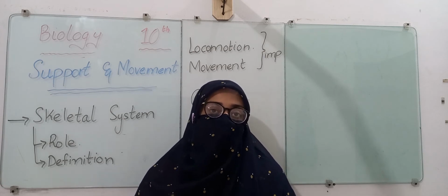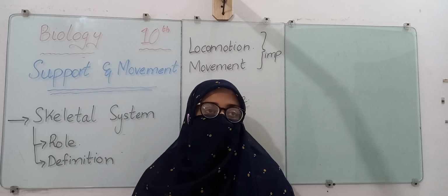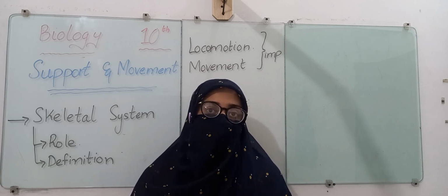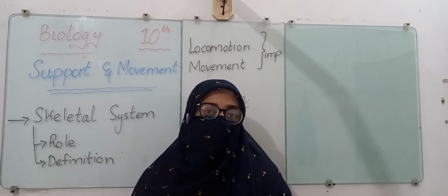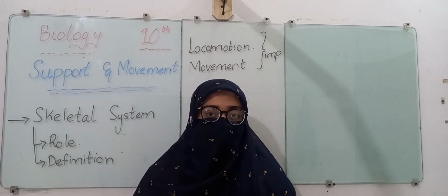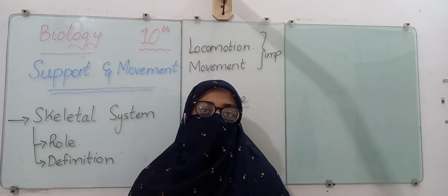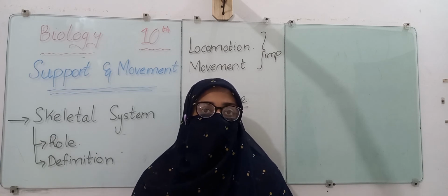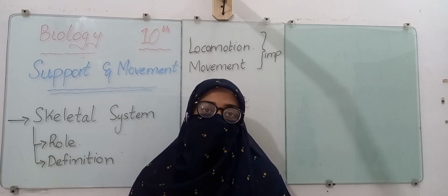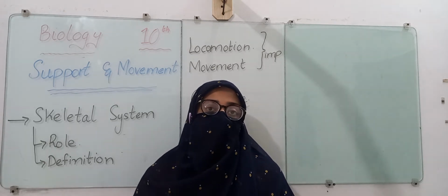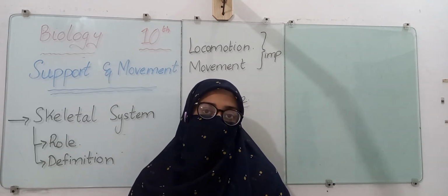In the same sense, we can talk about animals, that the cat was in the upper portion of the house and now the cat moved to the basement of the house. So movement is of two basic types. The first type is the movement of a specific body part, and the second type is the movement of an entire organism.